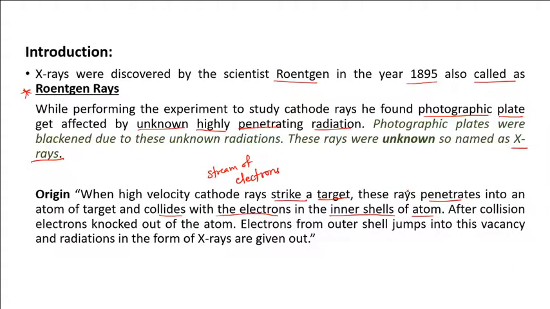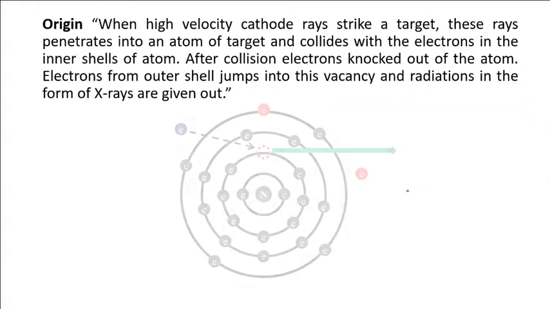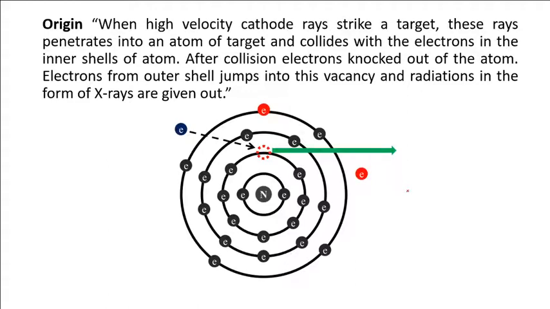Here you can see an atom. Here is the nucleus, which is shown by this N, and electrons are revolving around the nucleus in different orbits or different energy levels. This is the incident electron. It has high kinetic energy, it is a highly accelerated electron.